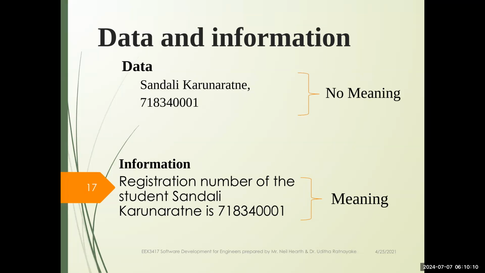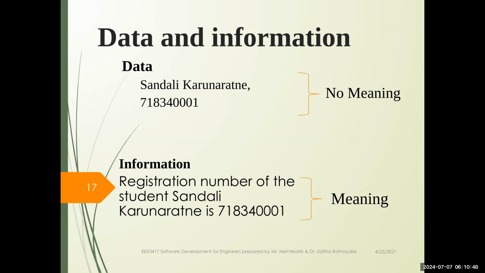Now, what is data? Here two examples are given. One data is Sadali Karnaratna, the second one is a number. So there are two data, but no meaning. But if we say the registration number of the student Sadali Karnaratna is 71834,001, that has a meaning.